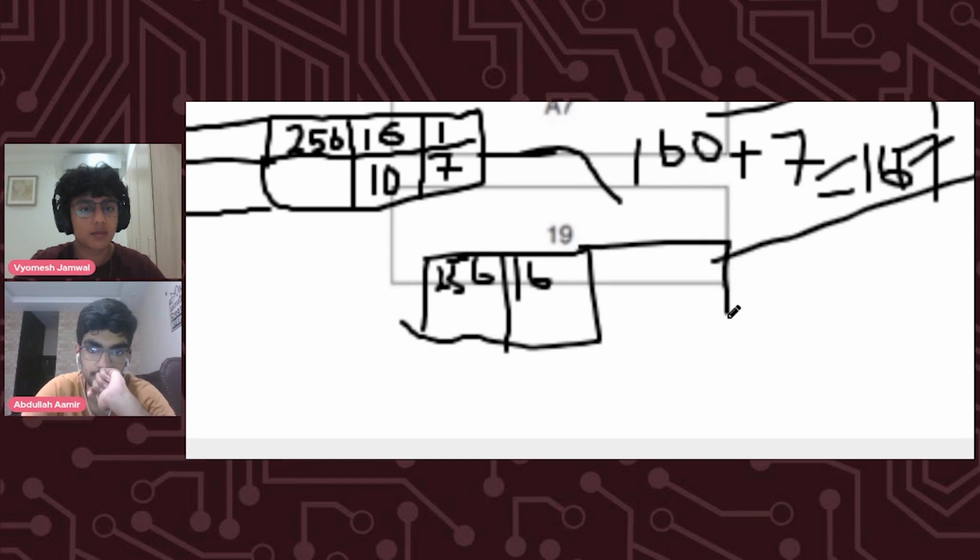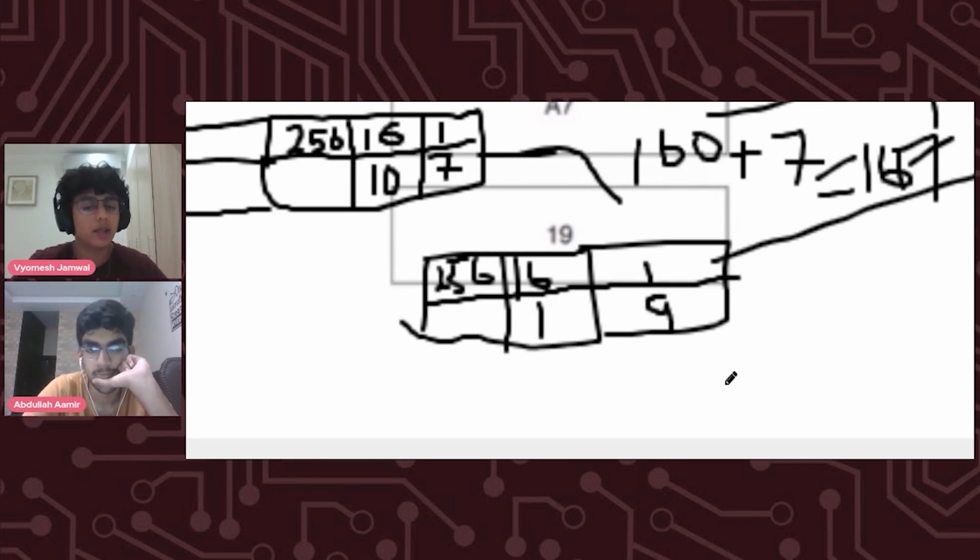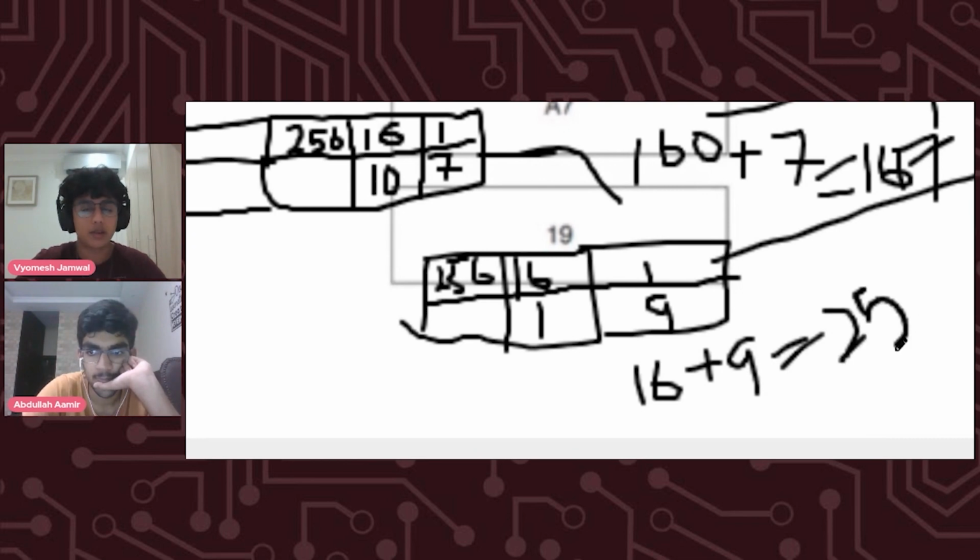There you go. And so underneath 16, there's going to be 1. And underneath 1, there's going to be 9, right? And so we just need to multiply it. So it'll be 16 plus 9, which is equal to 25. And we're done.